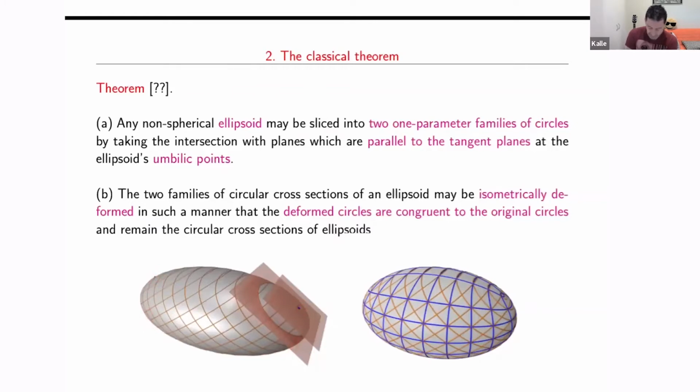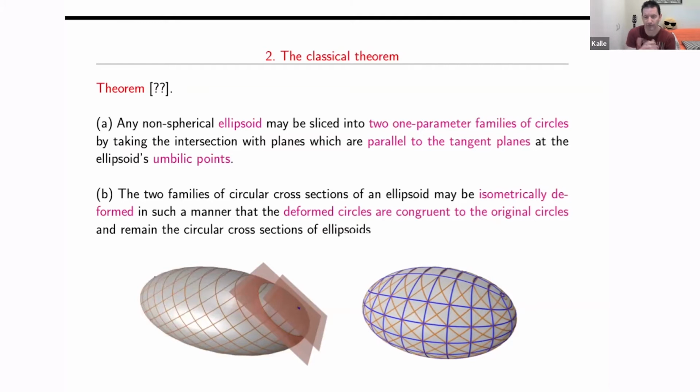And then, for instance, take this one here. You take a tangent plane to the ellipsoid at this point, and you then just take all the parallel planes to that tangent plane, and then you get a one-parameter family of circles. And then you take the other one here, play the same game, and you get another family of circles.